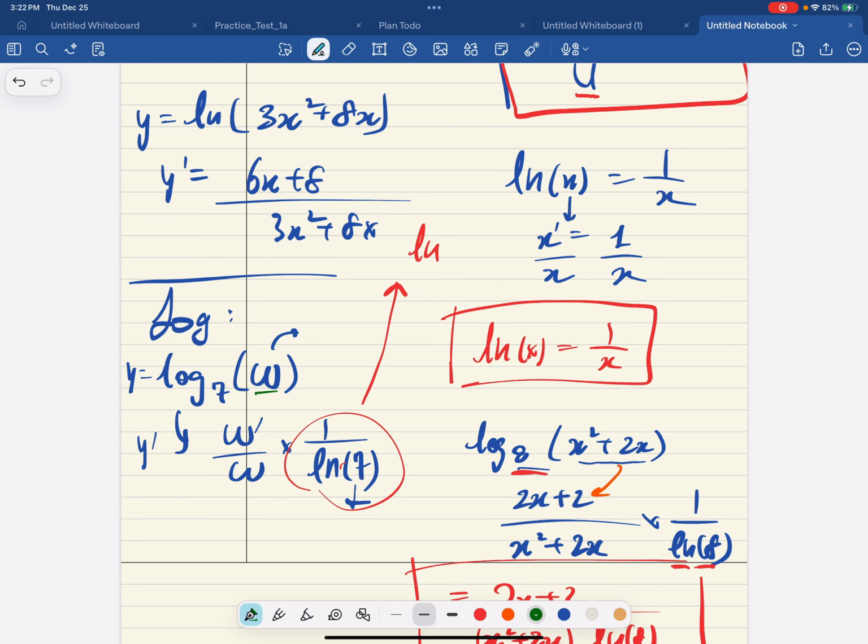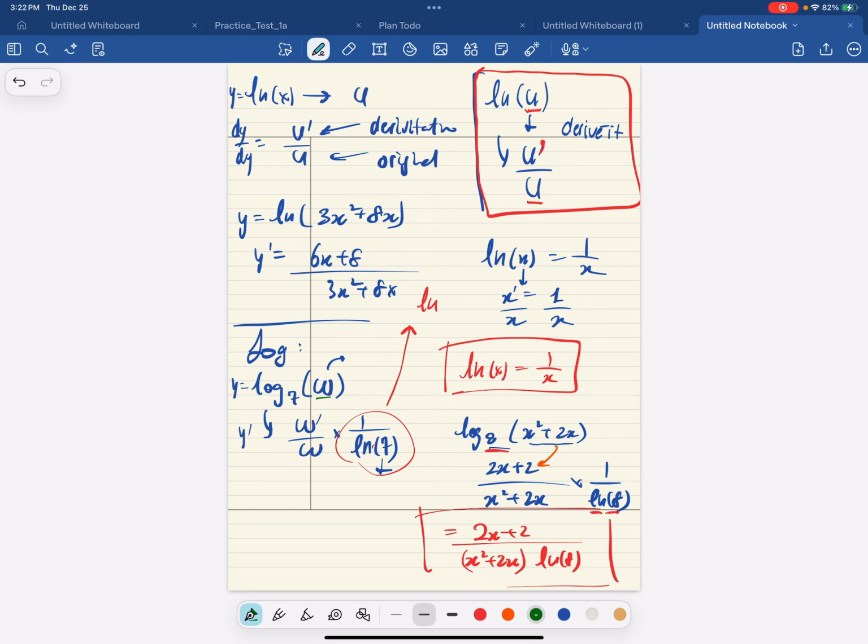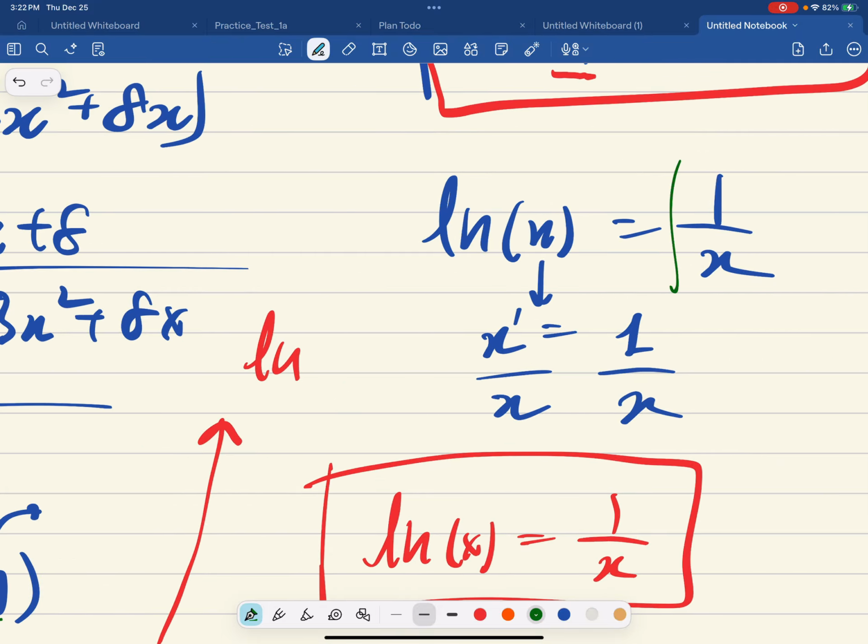If it was an expression, you have to do a multiplied by, well, actually in ln and log there is no complication, because you already are doing the prime, and regardless of what it is inside, even if it's a function or just x, it will work all the time, because if it was an x, it will just turn out 1 over x, because the prime of x is 1.